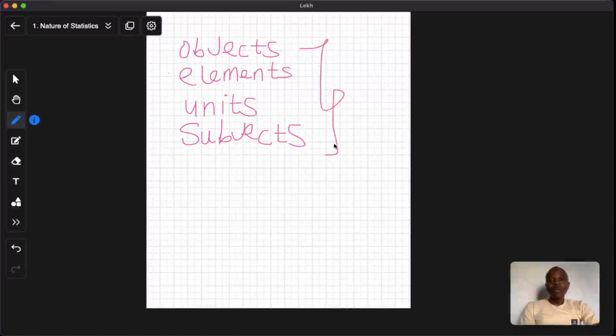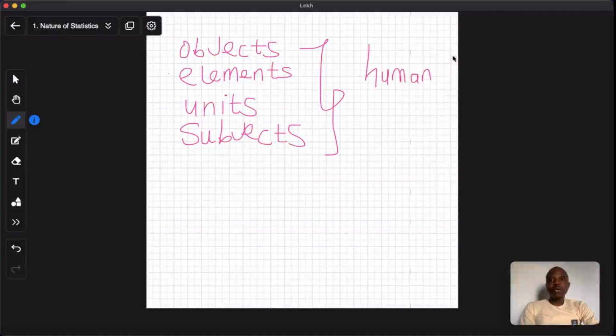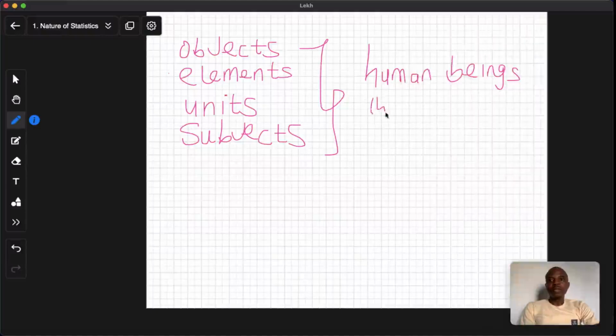They may be human beings, so your population may consist of human beings. They may be things, even inanimate objects, or living things such as animals or plants.